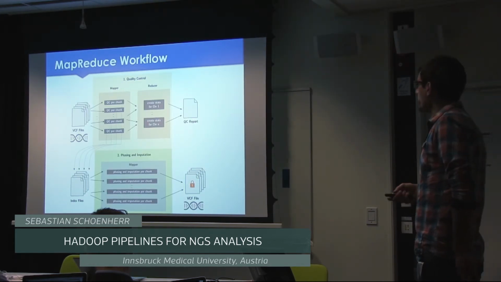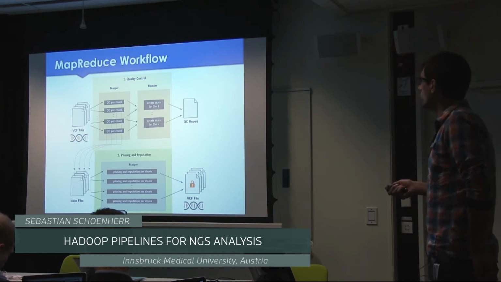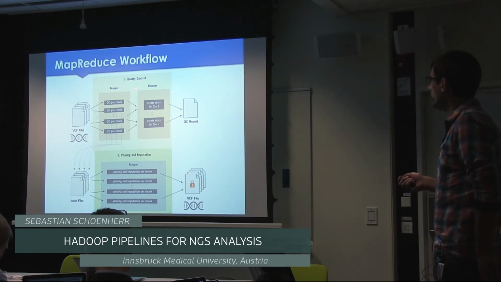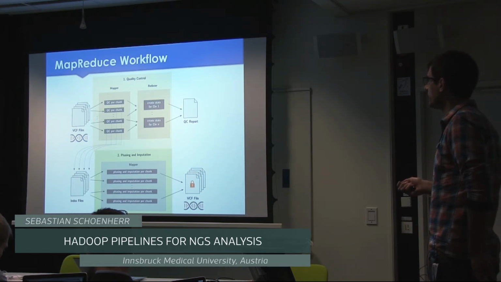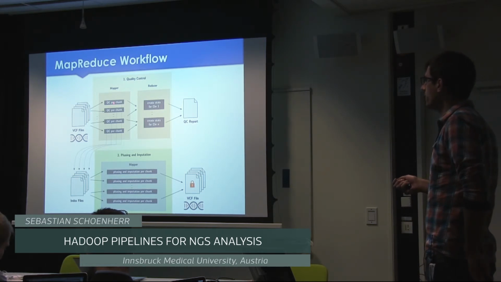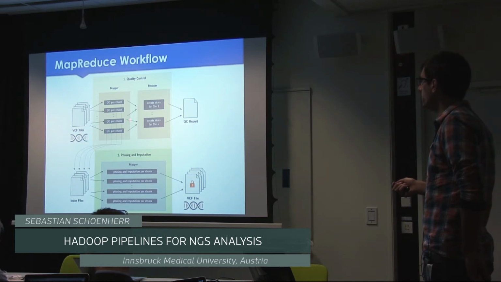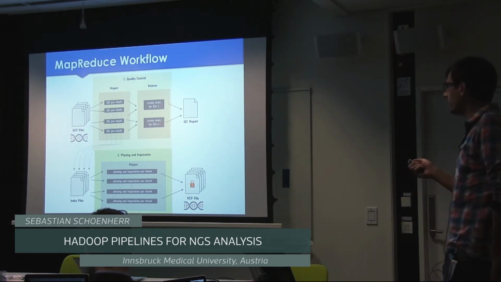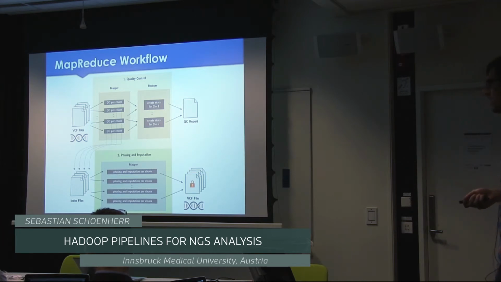Behind this is the MapReduce workflow. For quality control, we really use the MapReduce library, as said in the beginning. We chunk the file in the map phase, and then we create the statistics in the reducer. But for phasing and imputation, we don't use the MapReduce library.